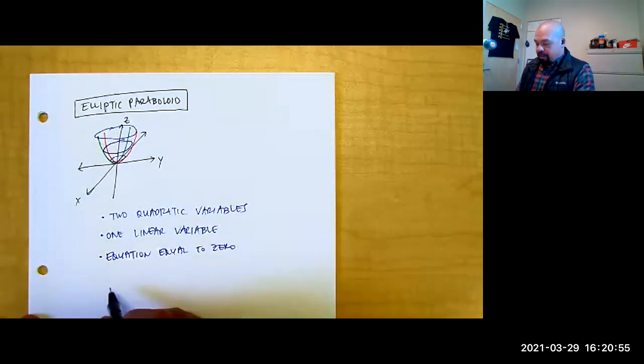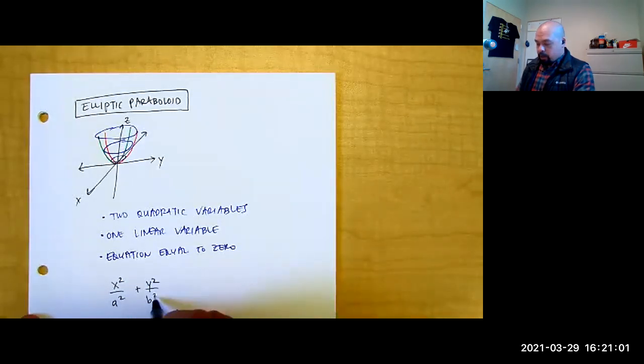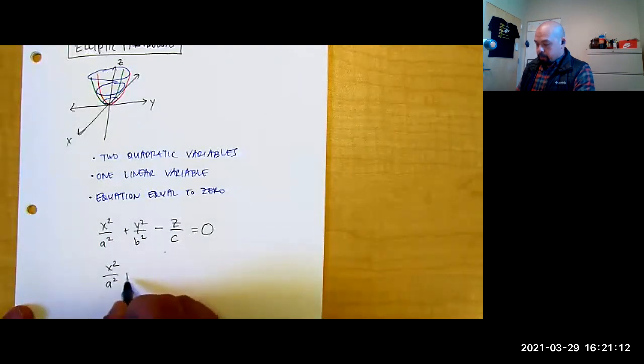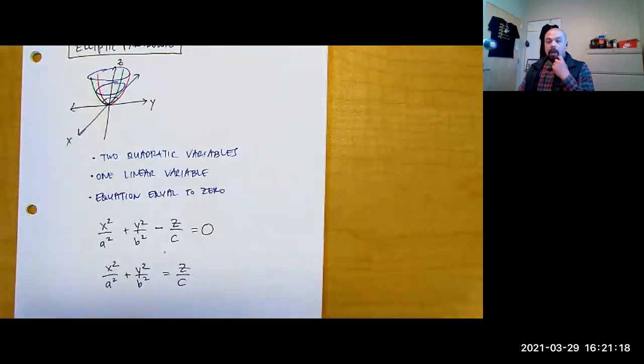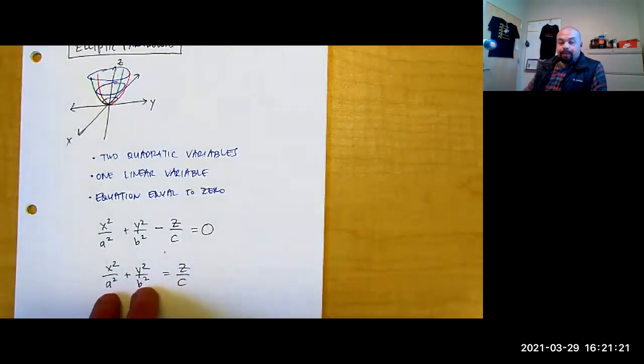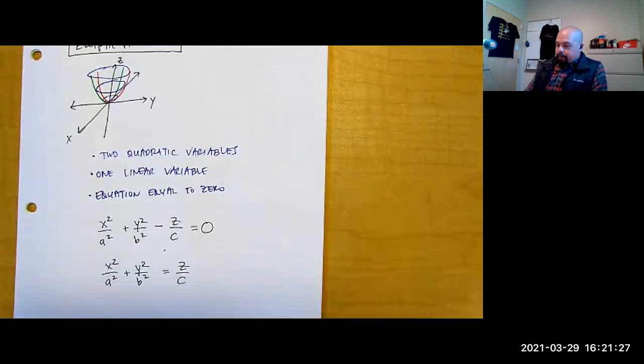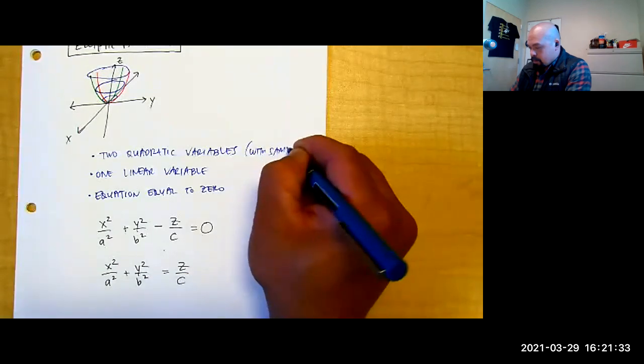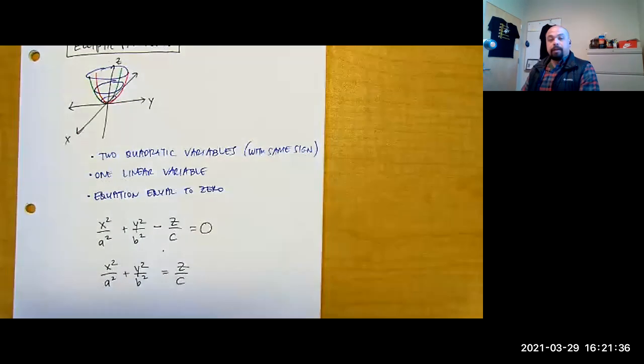Right, and so in our example here, we have x squared over a squared plus y squared over b squared minus z over c equal to 0, right? Or like this. And maybe another component is that we see that our two quadratic terms share the same sign. Okay. Another big component there.